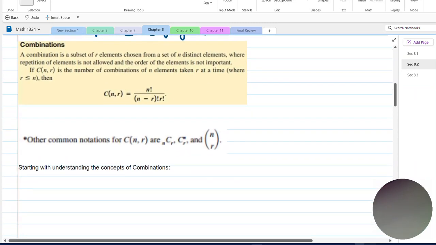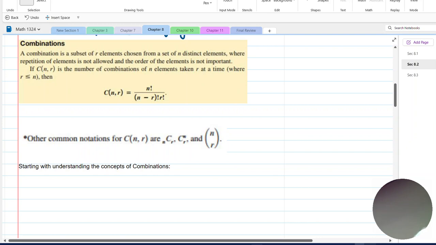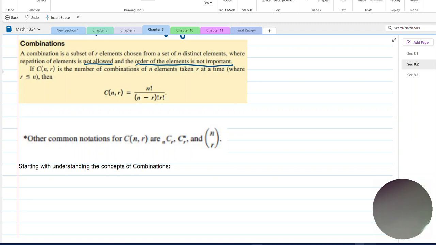All right. So what does the book say on combinations? The book says a combination is a set of r elements chosen from a set of n distinct elements where repetition of elements is not allowed, and the order of the elements is not important. Order, not important. If C of n, r is the number of combinations of n elements taken r at a time, where r is less than or equal to n, then this is the math.